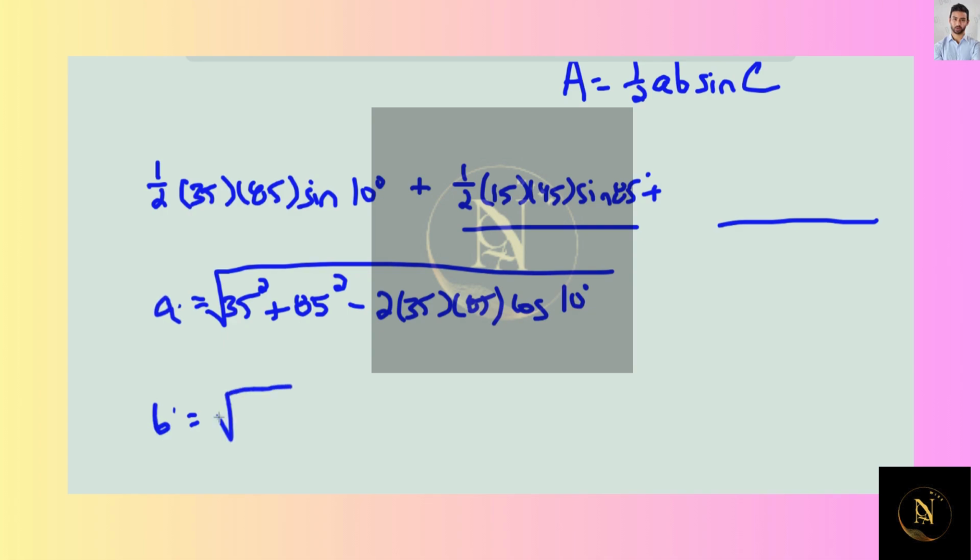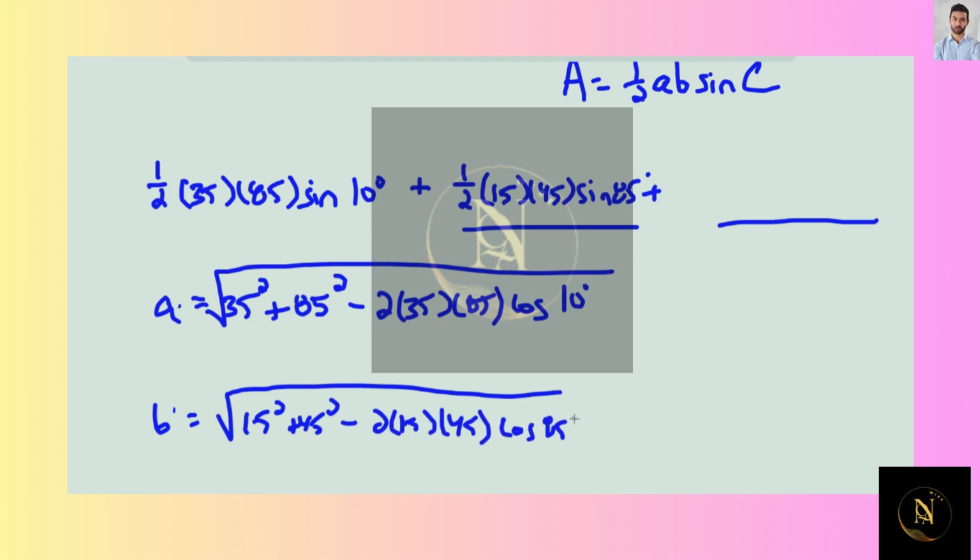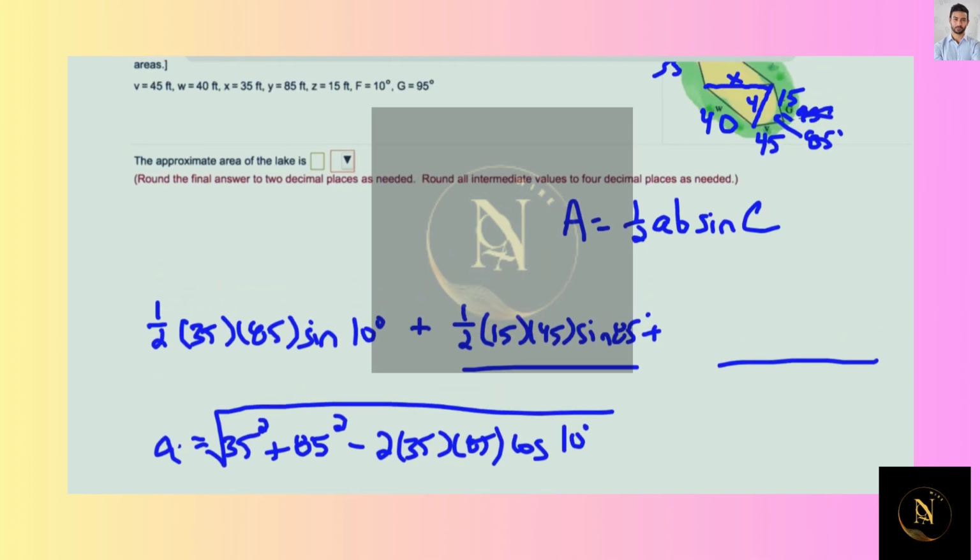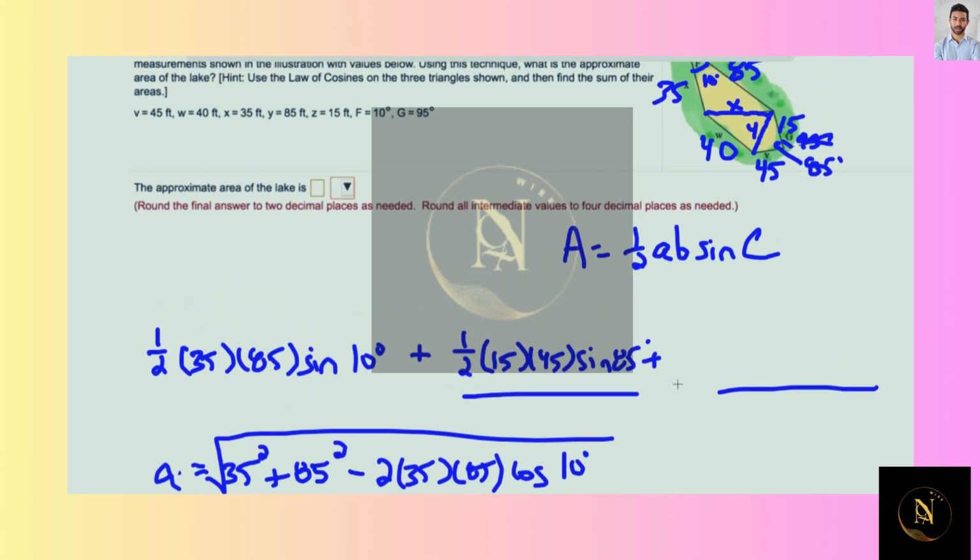That would be the square root of the sum of the squares of the other two sides, 15 and 45, minus 2 times 15 times 45 times the cosine of that included angle, which is 85 degrees. And so that'll give us all of the sides, which then we can use to find an included angle.